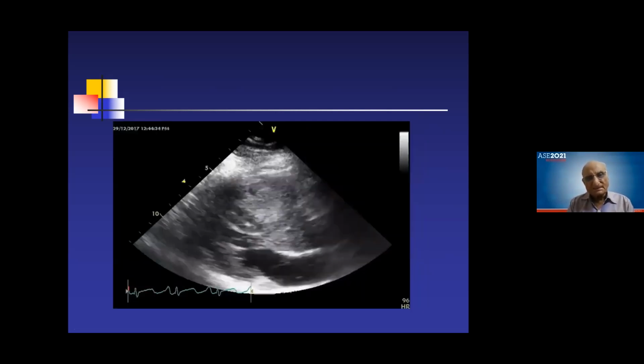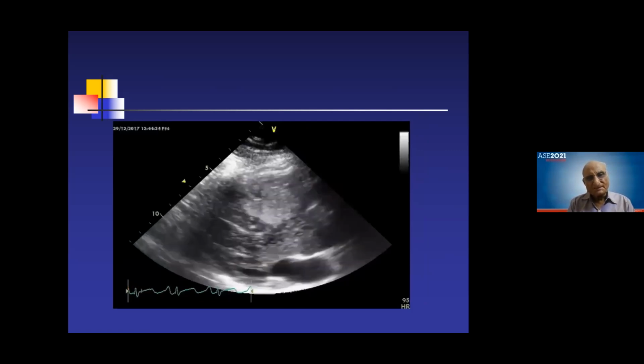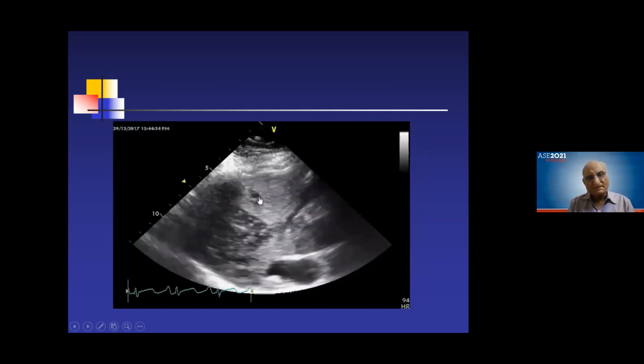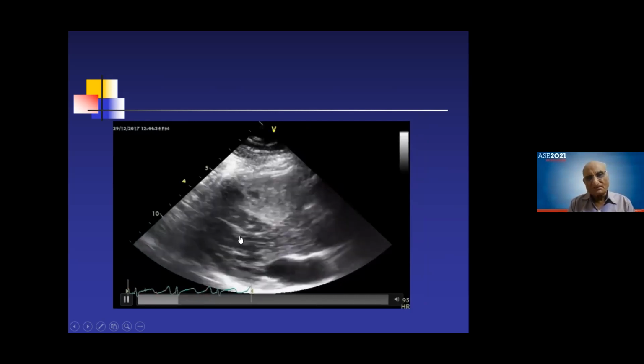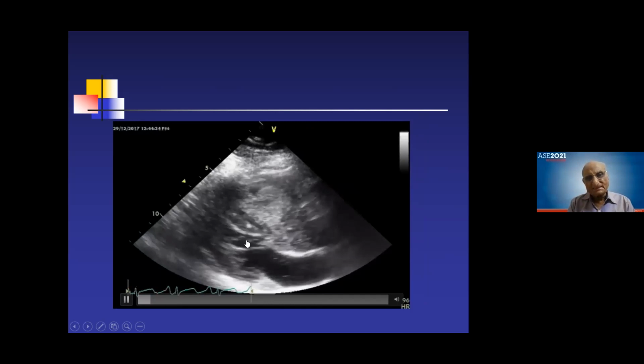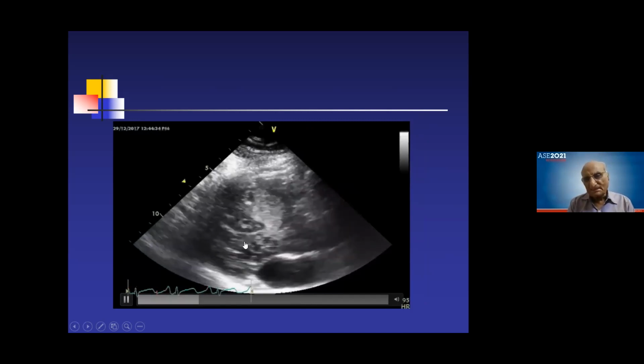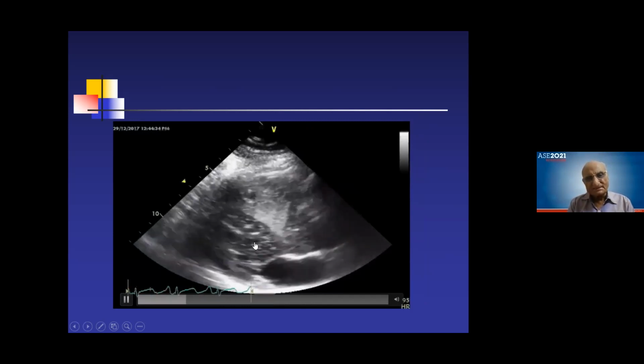Now see, we have injected glucose saline, it goes to the right side of the heart, and then it goes to the left side of the heart. That means there is a right to left shunt at this lesion.